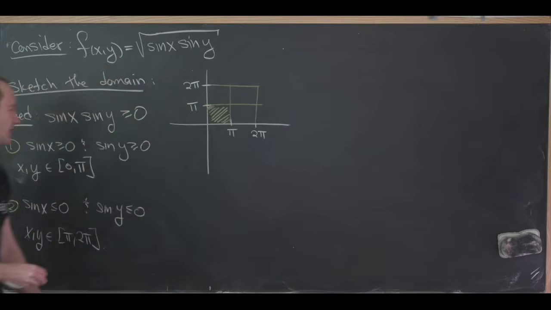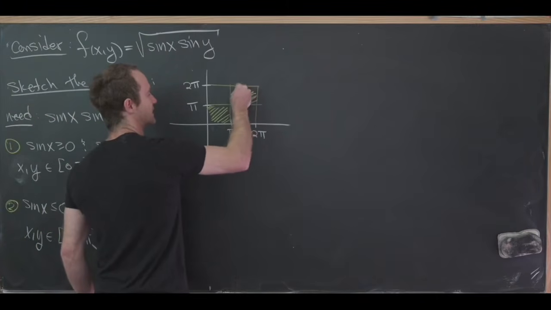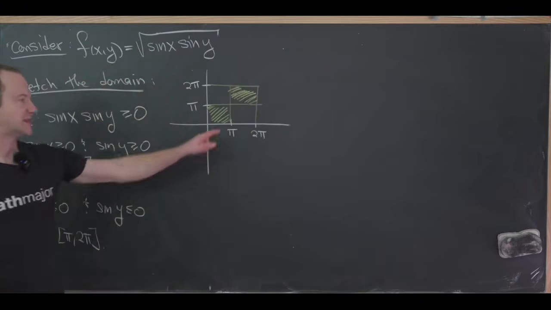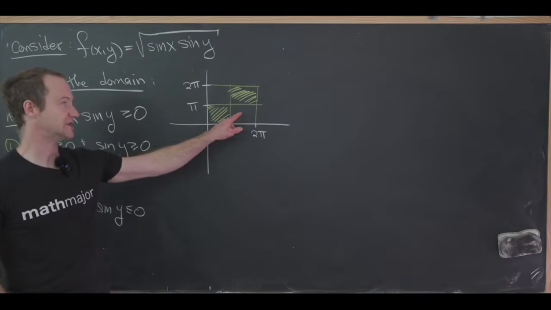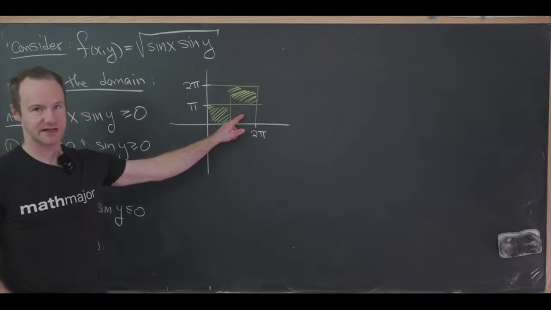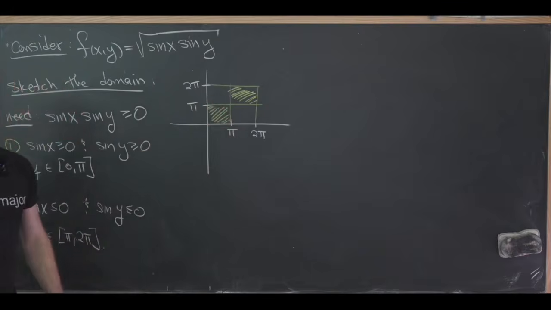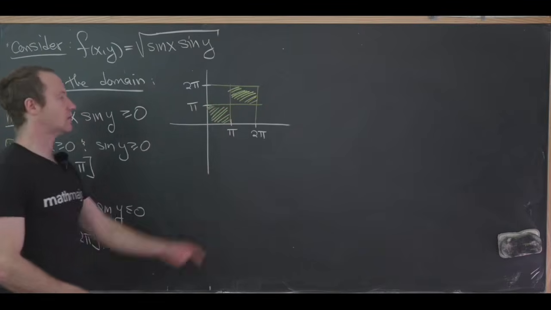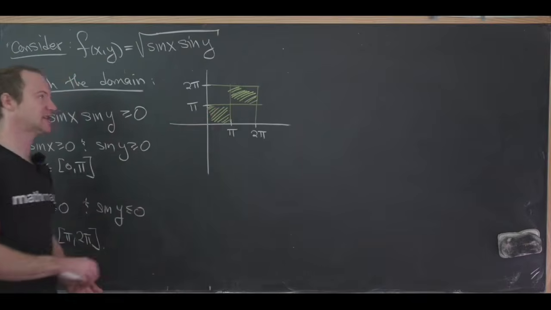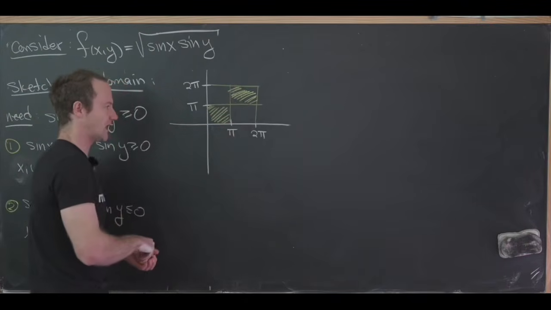Okay, good. Then both x and y being between pi and 2 pi would be equivalent to being in this bit right here. Notice that this portion right here is not allowed because one of them is positive and one of them is negative. Furthermore, this bit right here is also not allowed for the same reason. So now we can extend this essentially just by copy pasting this and shifting by 2 pi.